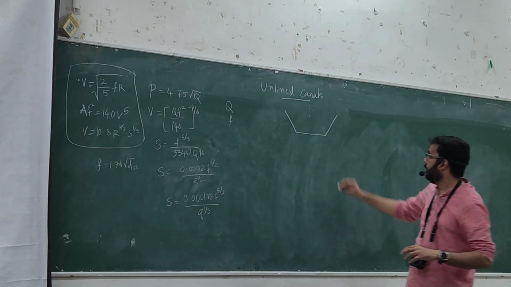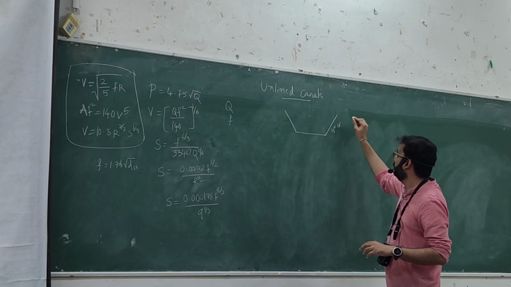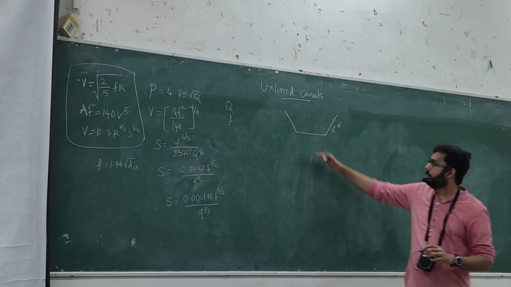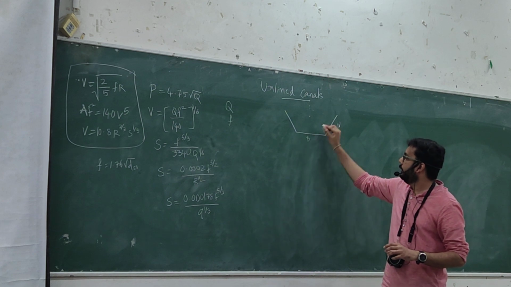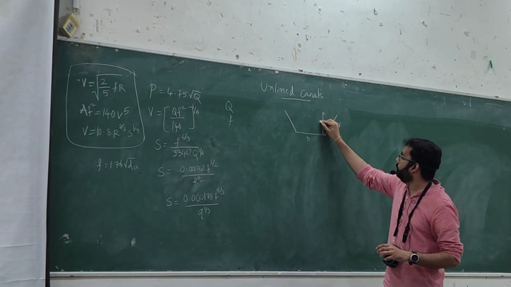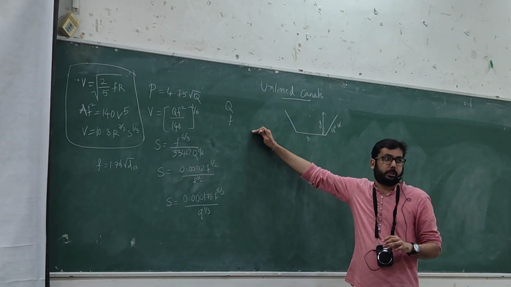For example, I would take the side slope as half horizontal to 1 vertical. Now I want to know what is this bottom width B and what would be the flow depth Y. And all I know is only the discharge and the sediment size.